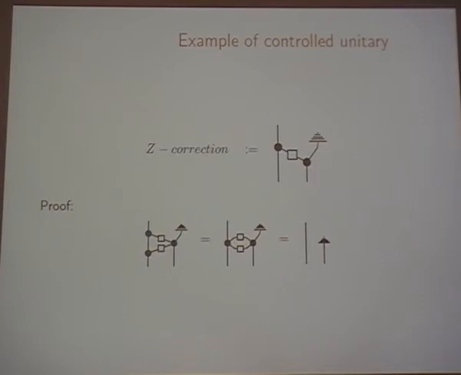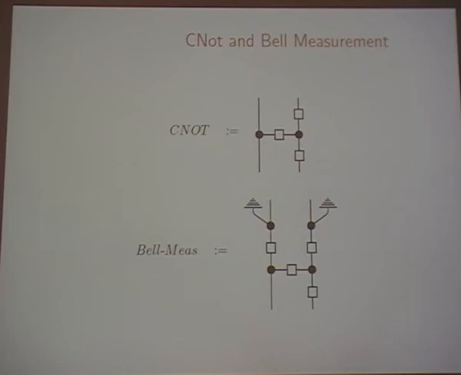So we can define lots of transformations. For instance, the C0 is as follows. This is the usual way to define it. Here in the middle, we have seen that this is a control Z. So if we apply H before and after, we get a control not. Here it's a Bell measurement. So how to perform a Bell measurement?